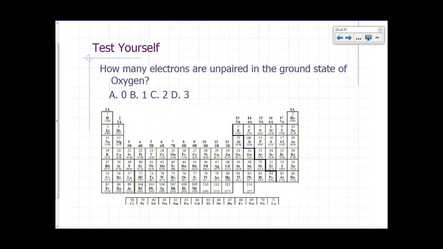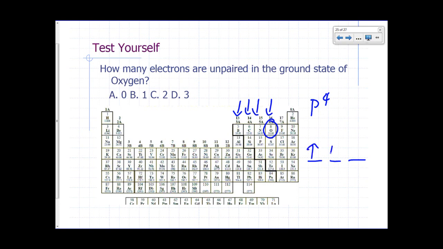Right. Now, how many electrons are unpaired in oxygen based on what we've talked about so far? Oxygen has a p4 outermost configuration, right? So this is p1, p2, p3, p4. So you have a partially filled p subshell, and there are 4 electrons in there.